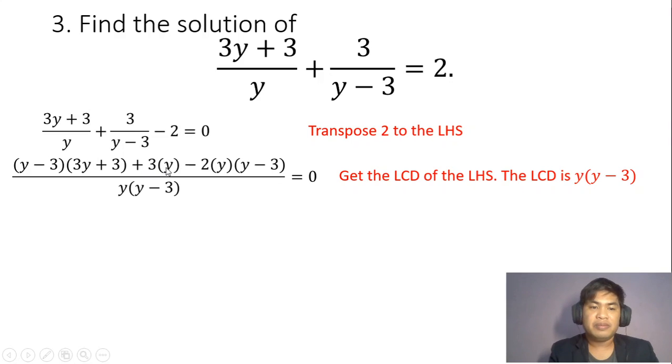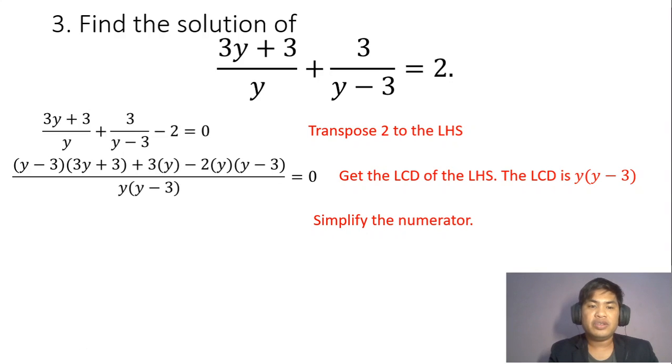Plus, similarly, y times (y − 3) divided by (y − 3) is y, times 3. Minus, since this is 1, we need to multiply all of this by 2. So we have 2 times (y − 3), is equal to 0.